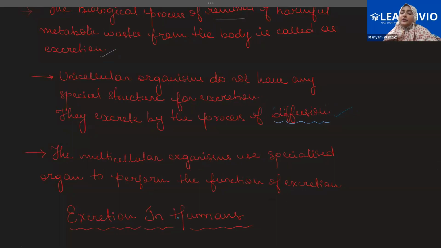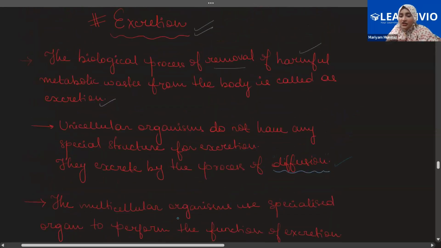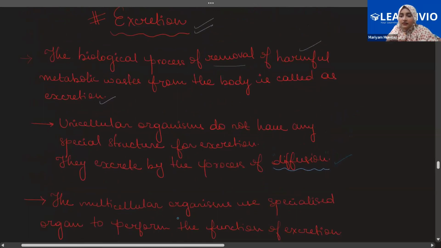Now, do you know what is the difference between excretion and defecation? Or are they the same thing? I don't know what defecation is. Okay. See, you remember egestion, right?